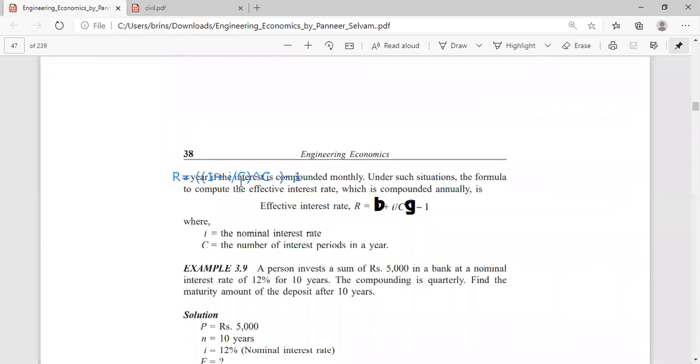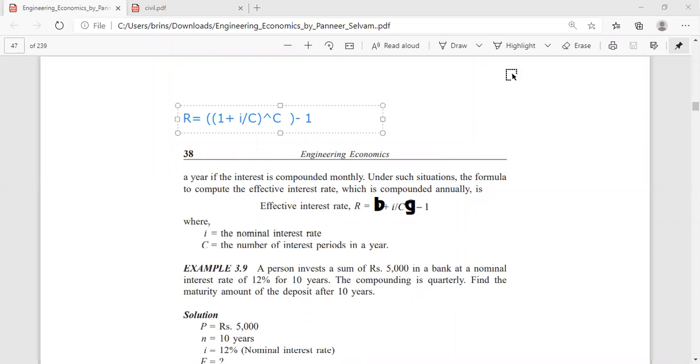I hope it is clear with the formula now, right?